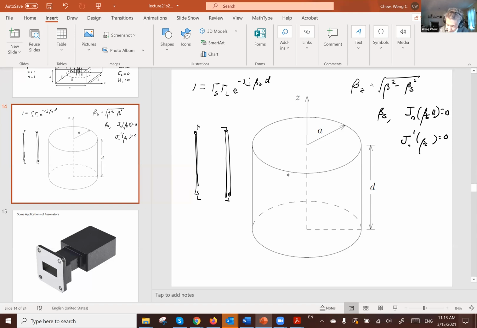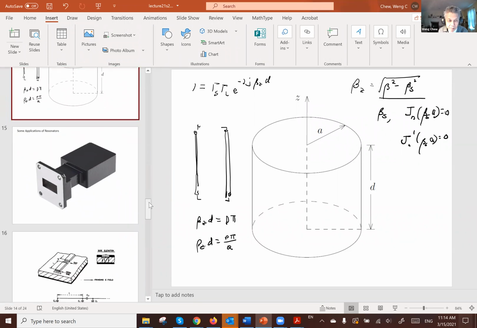And once you have found your beta s that way, you can plug it in here to find your beta z. And then you have to, of course, impose the boundary condition that depending on whether you have short circuit or open circuit terminated, beta z d is p pi, where p is an integer, or beta z d is p pi over 2, where p is an odd integer. Okay, depending on what kind of modes you're looking for there.